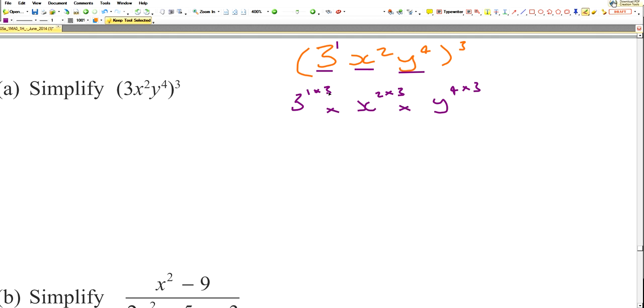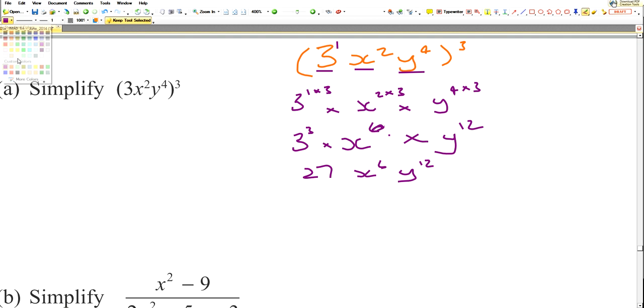Now 1 times 3 is 3, so 3 to the power of 3. 2 times 3 is 6. And 4 times 3 will give you 12. Just to bring it all together, 3 to the power of 3 will give you 27, x to the 6, y to the 12.